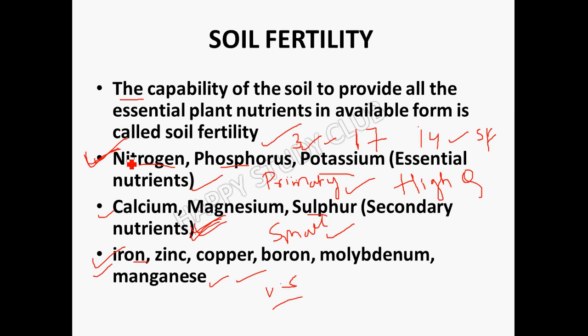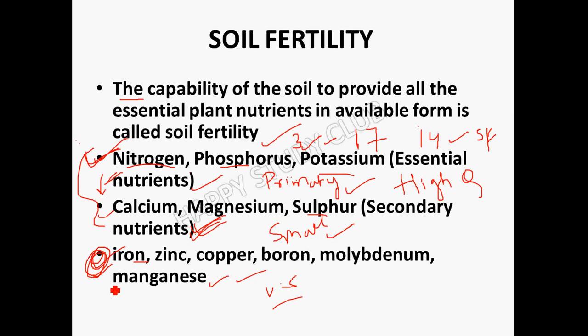But these two types of nutrients, primary and secondary, are very important for plants, and they are needed in high quantity as compared to these nutrients which are needed in a small quantity.